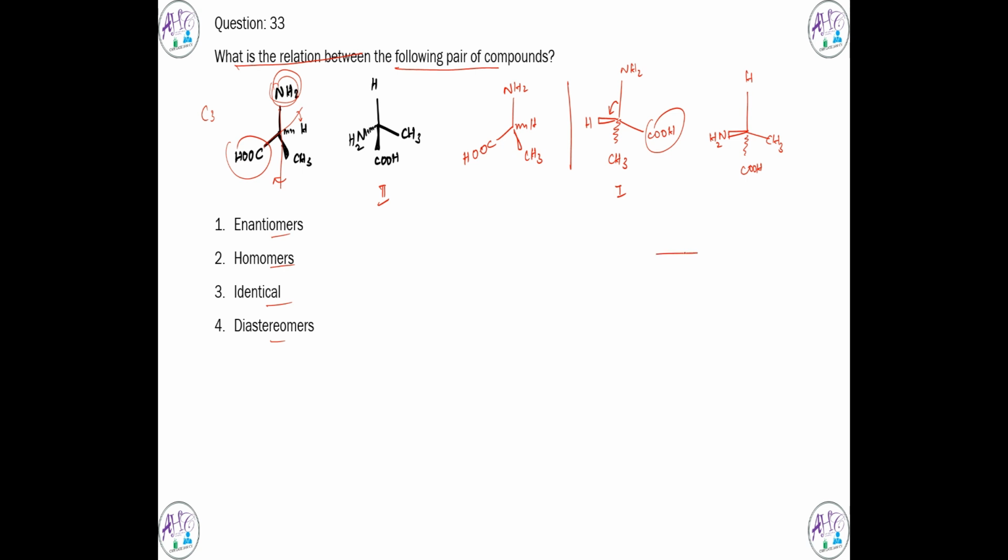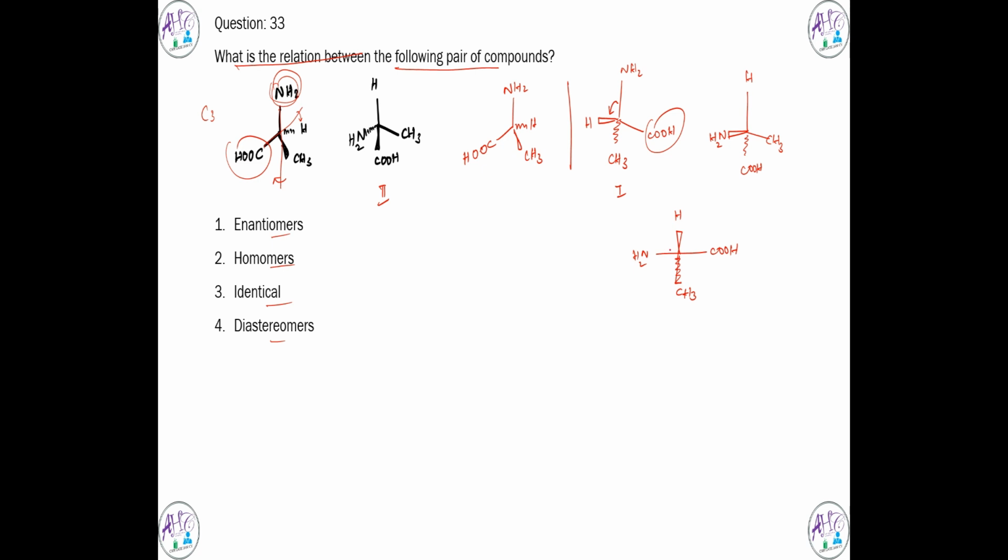So the actual representation will be like this. So you'll have your hydrogen, you'll have your CH3, you'll have your NH2, you'll have your COOH.